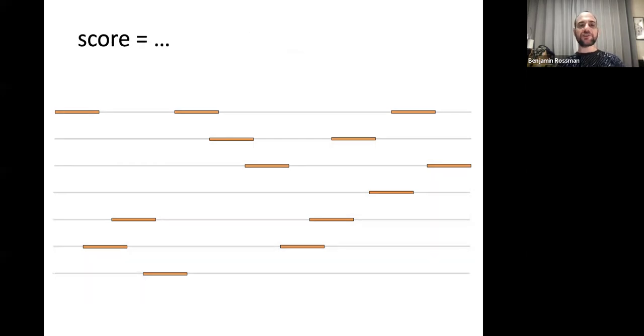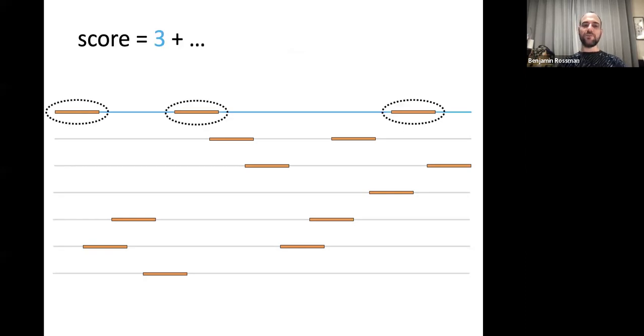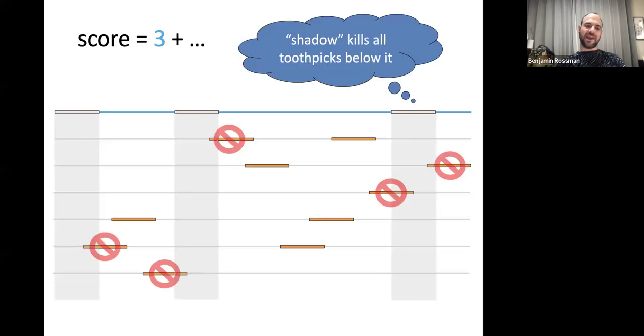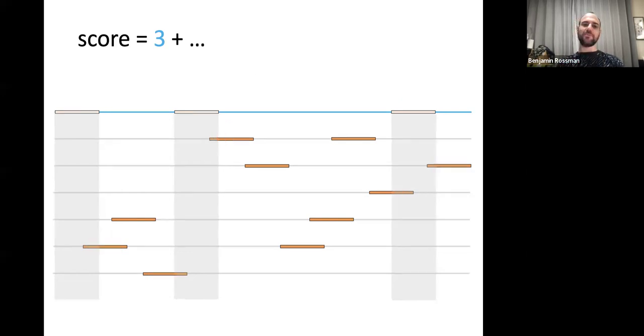And here's how we define the score of this configuration. So the first row contributes 3 points to the score, because there are 3 toothpicks. Now consider the shadow cast by this first row. And anything touched by the shadow, even at just an endpoint, is considered to be killed. Okay, so it's not going to contribute to the score. But we don't remove it. We just don't count it in the score.